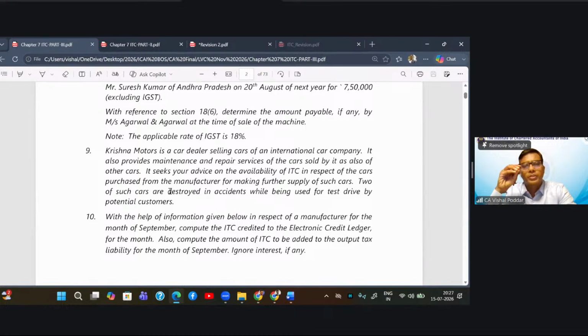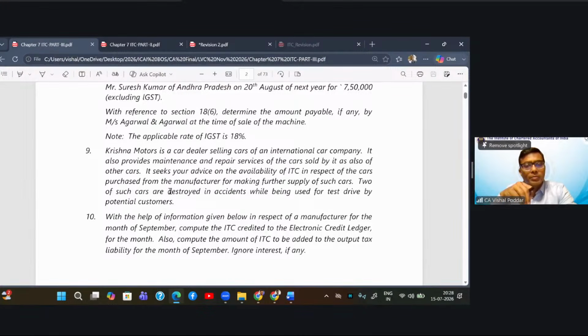Now we come to section 17(5). Now in 17(5), what is blocked, the very first item, is purchase of motor car. In motor car, if it is below 13-seater, there is a challenge. But again, we have two exceptions. So what is the first exception? The first exception is that wherever you are going to use your inward supply, in this case the car, for making your outward supply, that will be eligible.